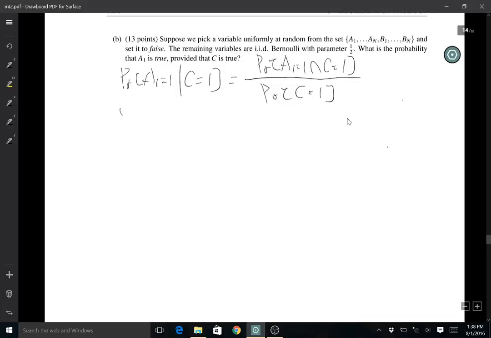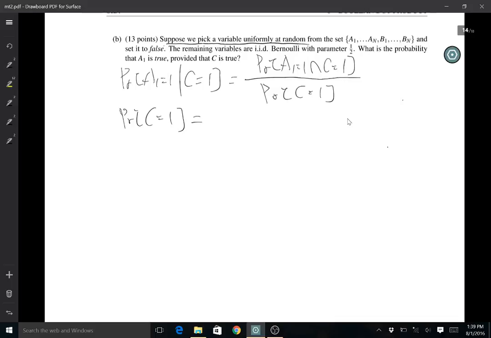So let's first find the probability that C is equal to 1. This is slightly different from part A because we have one more step before we assign. We pick a variable uniformly at random and set it to false. So let's say we pick one random variable and set it to false. Then what it means is that the clause that the random variable belongs to is already false, right? So now we already know that one clause is false, and now we look at the rest of the n-1 clauses.